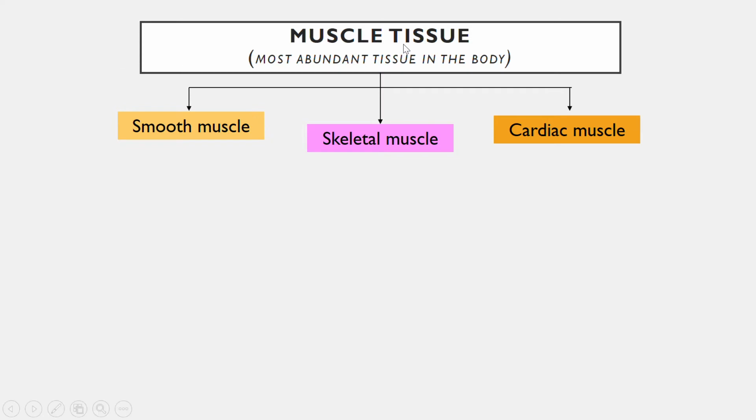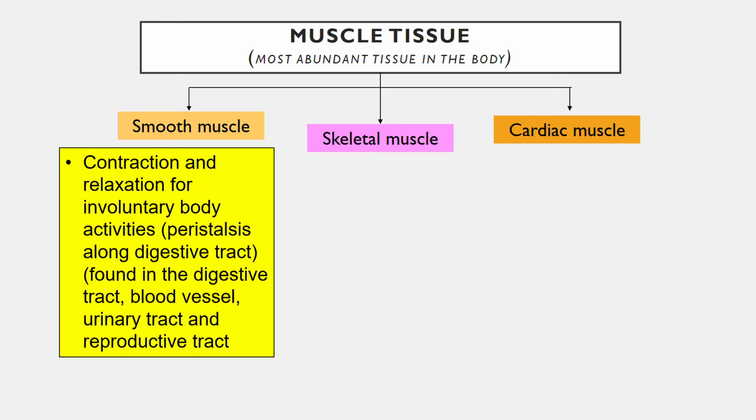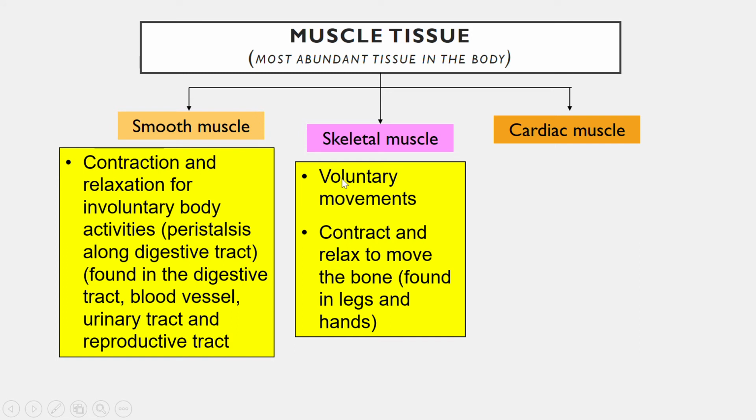Okay, let's look into the second type of tissue, and that is muscle tissue, which is the most abundant tissue, paling banyak in the body. So it is divided into these three: smooth muscle, and that is for involuntary body activities. Involuntary, unlike for skeletal, voluntary movement.